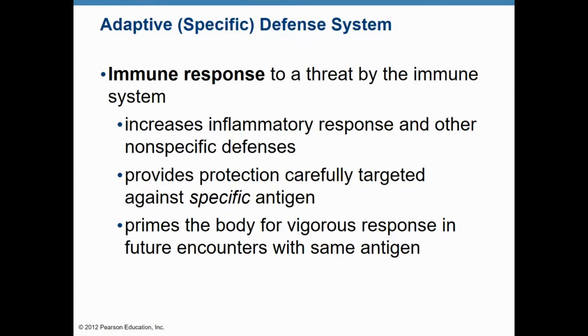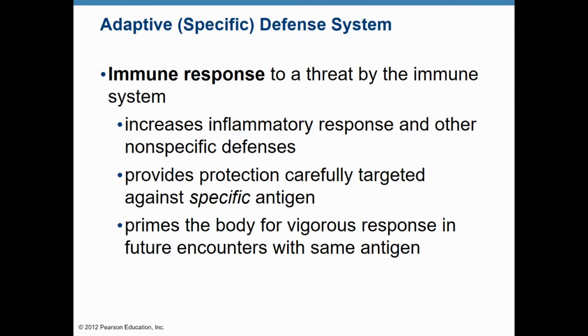Then we have our adaptive or specific immune system, and the adaptive or specific defenses recognize the foreign invader on a molecular level, right? It's going to spot it and go, oh, you are E. coli, or oh, you are salmonella, and it is going to mount a defense that is specific to that invading pathogen.